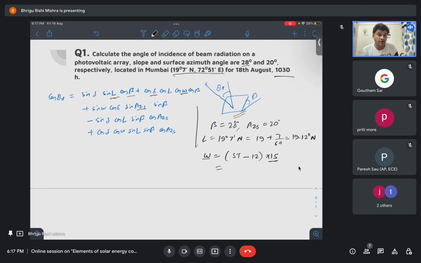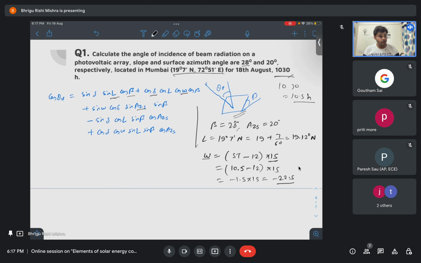So to convert it to an angle, ST is given as 10:30. We need to consider it in hours, so it is 10.5, because 10:30 is nothing but 10.5 hour. So 10.5 minus 12, into 15, and it comes to minus 1.5 into 15, minus 22.5.